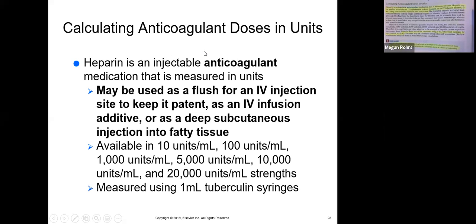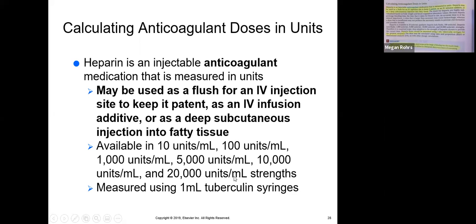Okay, so once again, anticoagulants are blood thinners, so they're going to reduce the chance of blood clots. So heparin, like I said, is a very common anticoagulant that's used, and you can see that it is available in a lot of different strengths. Available all the way from 10 units per mL all the way to 20,000 units per mL.